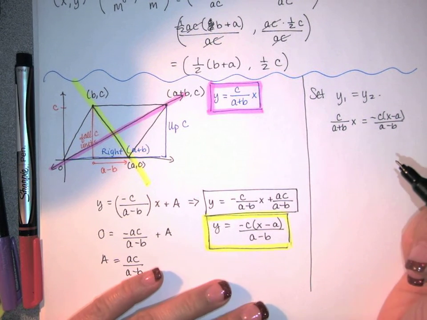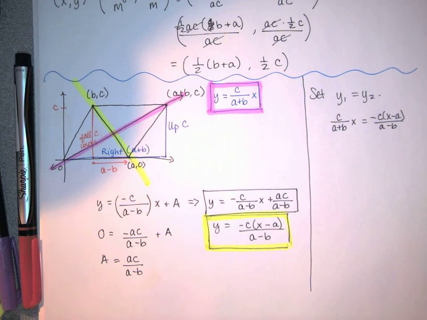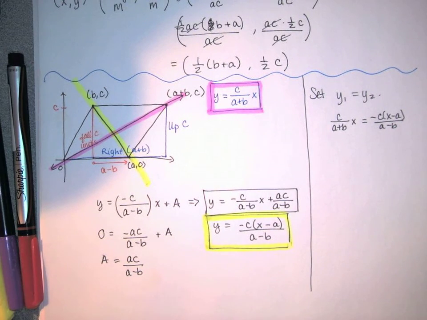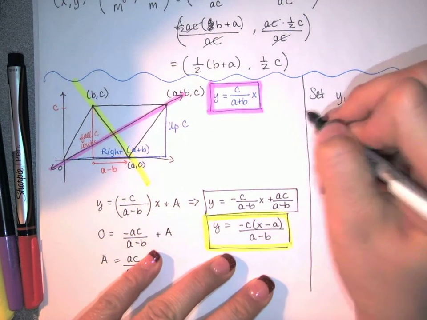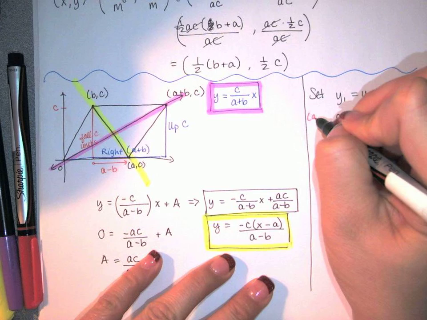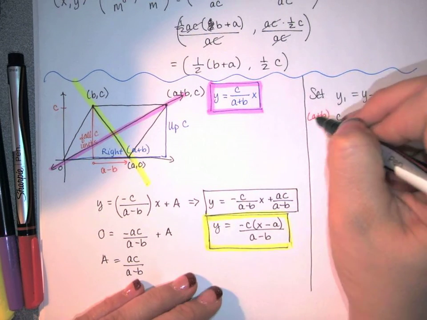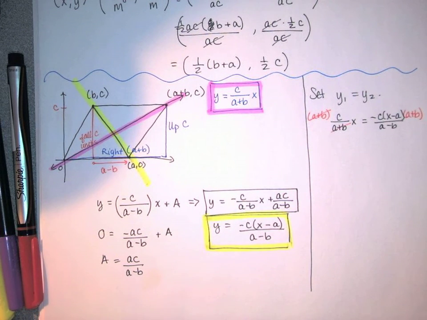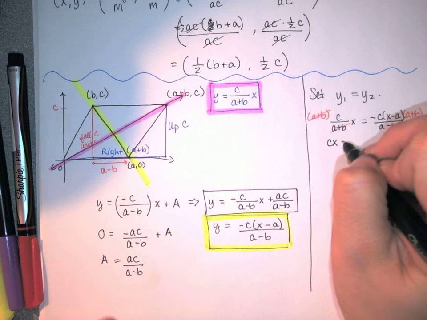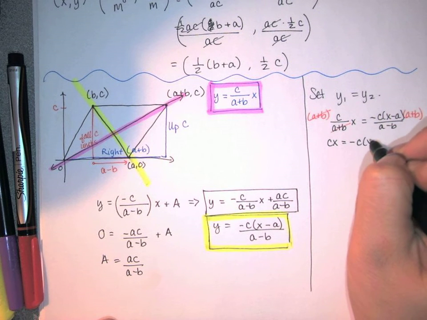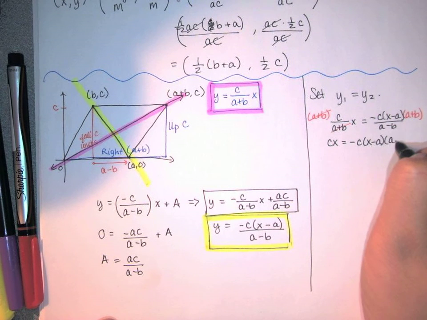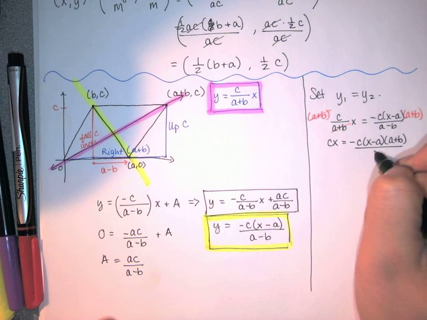Maybe we want to multiply both sides by a plus b times a minus b. Multiply by the LCD. Let's multiply both sides by a plus b first. Gets rid of that. And now I've got cx over here equals negative c times x minus a, times a plus b, all over a minus b.